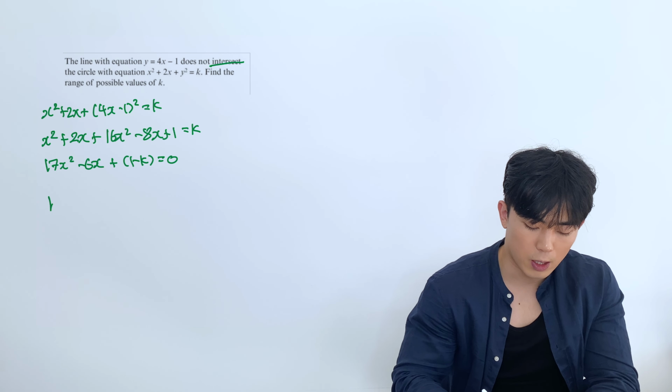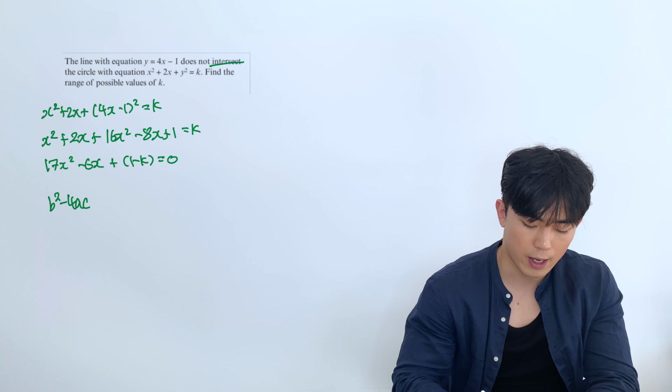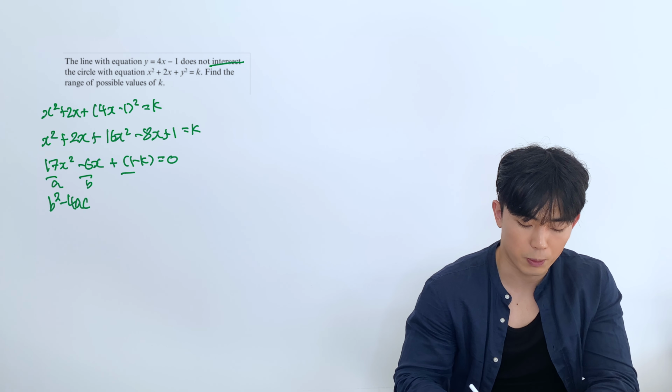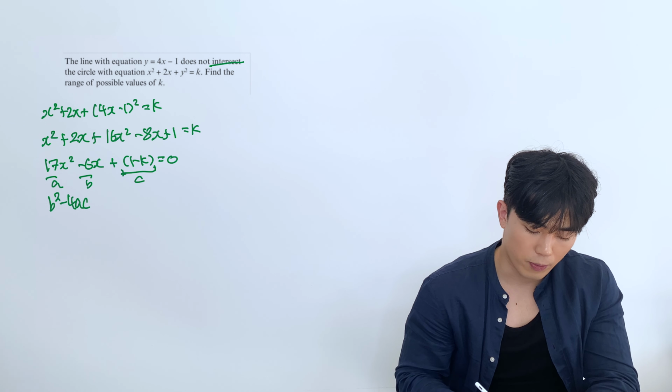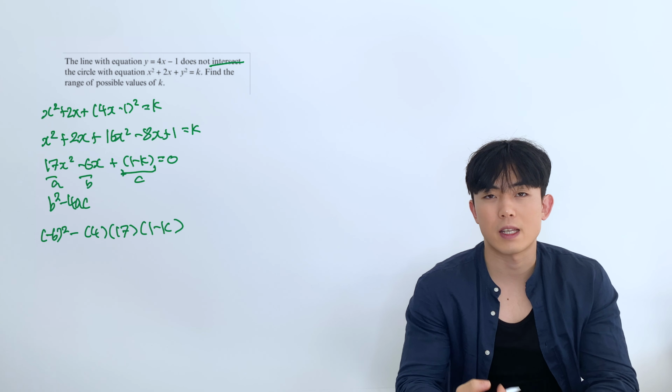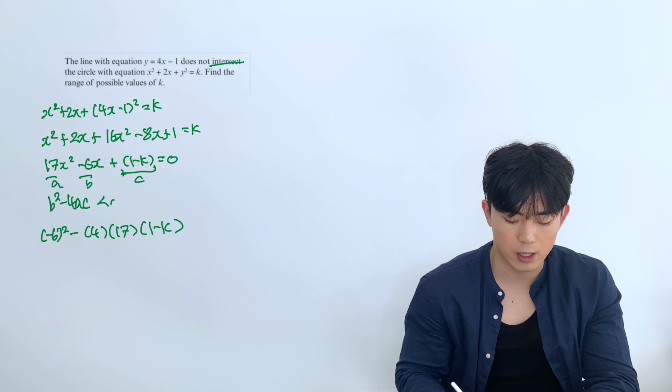So what we're going to do instead is look at the discriminant. The discriminant was b squared minus 4ac. So this is a, this is b, and this whole term is going to be c. So we're going to have minus 6 squared minus 4 times a, which is 17, times c, which is 1 minus k. And because there's no solution, this has to be smaller than 0. Now it's just a matter of making k the subject.